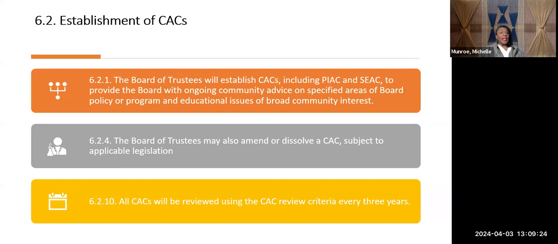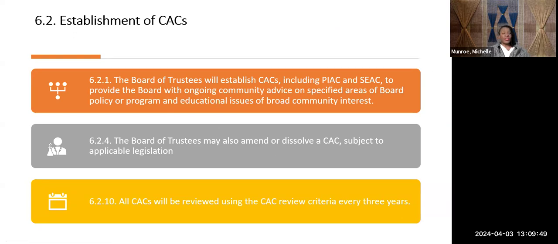So a couple of areas I wanted to flag. I am going to use a funnel approach to get to the CAC review process that was approved with the approval of the CAC review. However, I wanted to highlight a broad overview as to how we're going to get there.